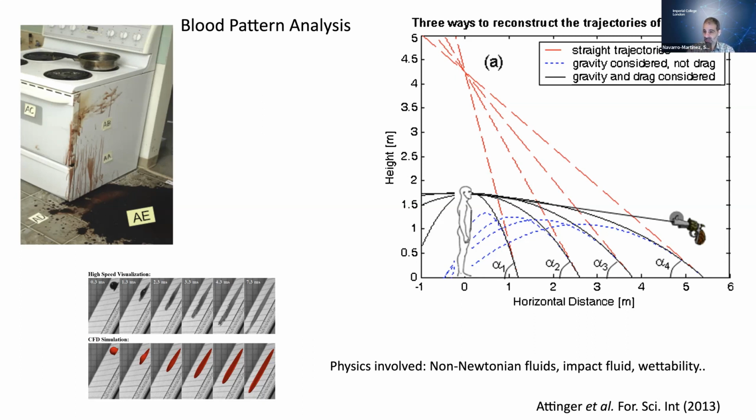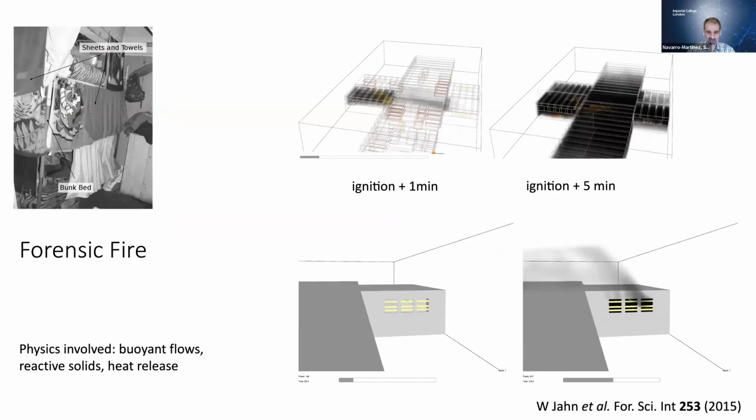They include surface tension. You have to remember that blood is a non-Newtonian fluid. There is several physics, usually droplet impact, fluid impact, wettability. There are a lot of considerations. So this is basically one of the biggest applications of fluid mechanics in forensic science. The other one would be forensic fire or arson.